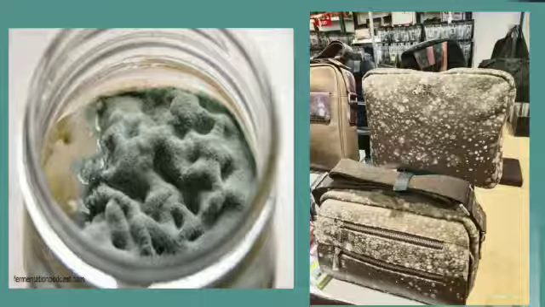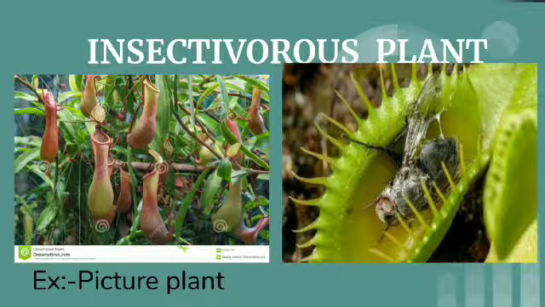Now let us speak about insectivorous nutrition. Have you heard of plants that can eat insects and other small animals? There are few plants which can trap insects and digest them. Is it not amazing?